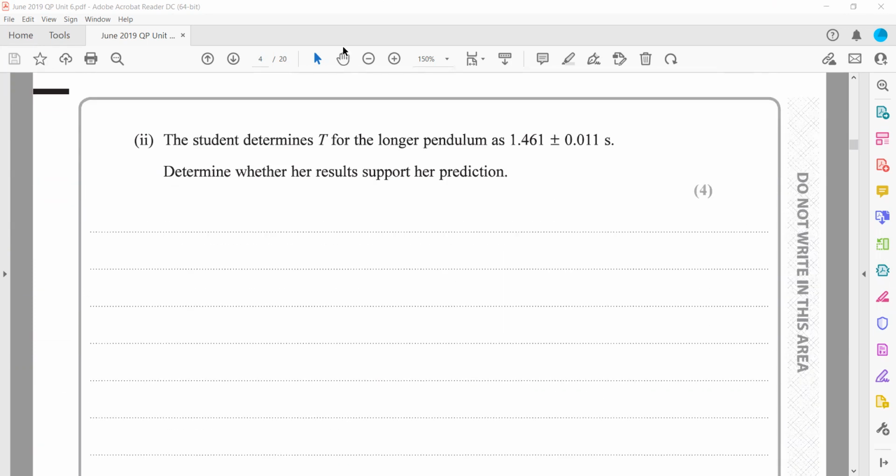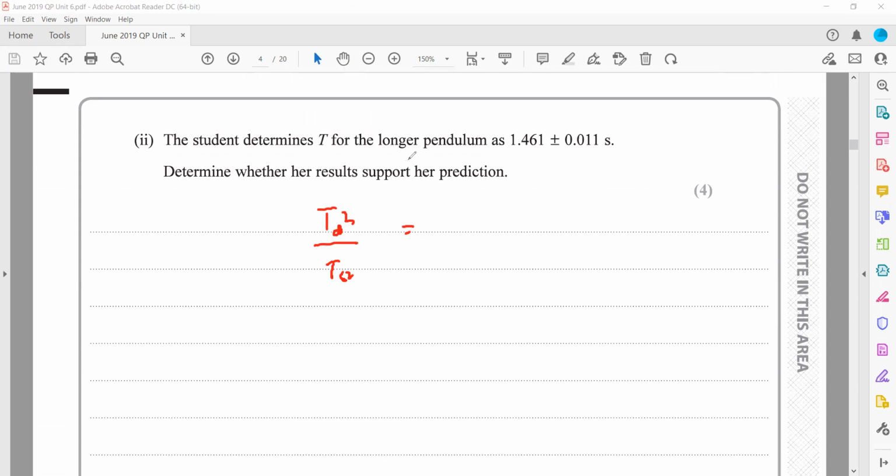So Td square over Ts square should be equal to 2. So we'll substitute the values.